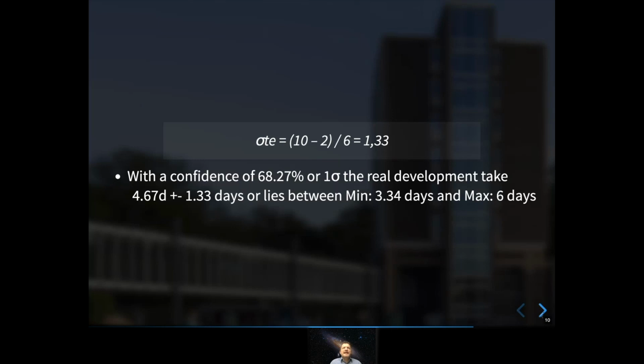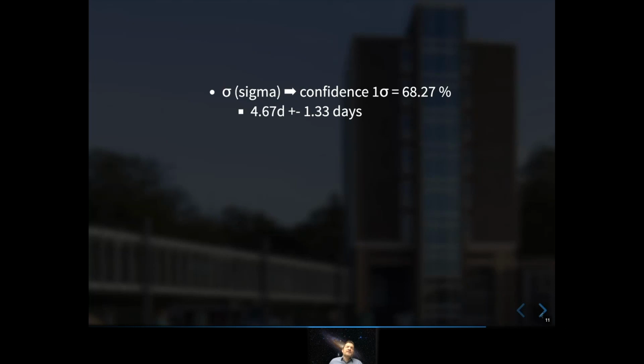And you see later what you can actually do with this. Or I will go back to the slide then again. So what can you do with this right now? You say a confidence of roughly 70%. This is 1 sigma. And 1 sigma says, in our case, roughly 4.67 plus minus 1.3 days.